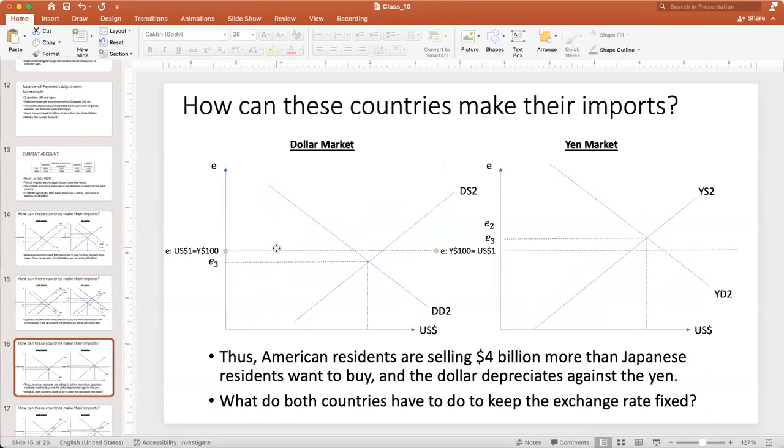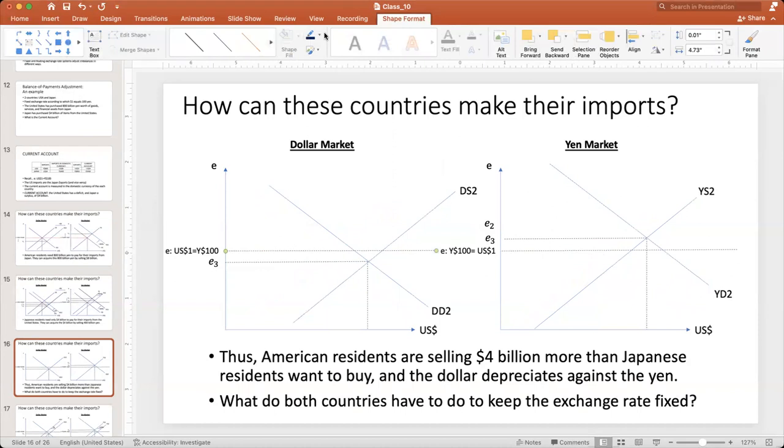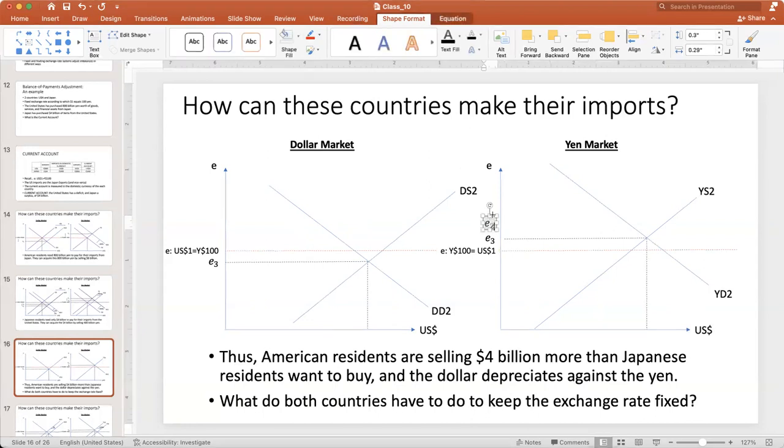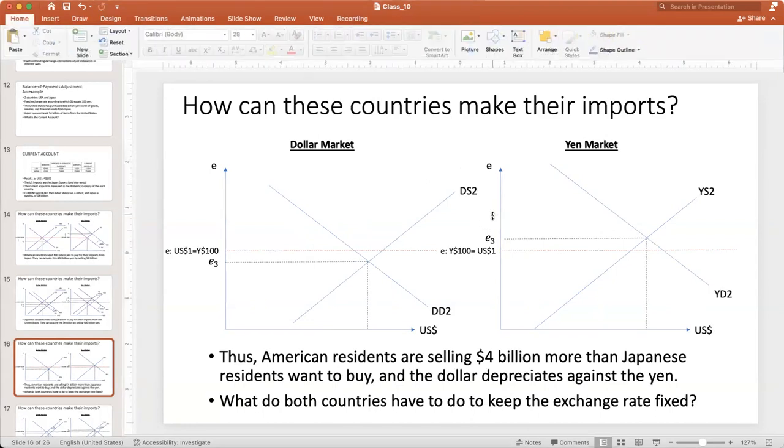So we have a starting point of $1 equals 100 yen, but then after the current account movements, in the dollar market there is a depreciation of the dollar, and in the yen market there is an appreciation of the yen.